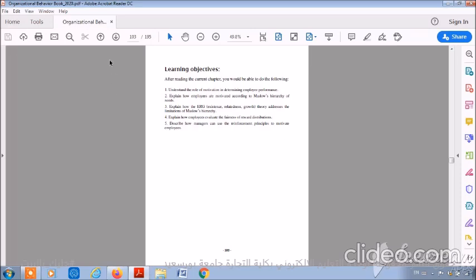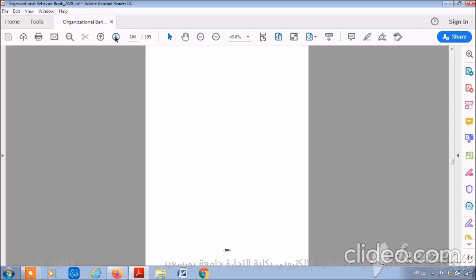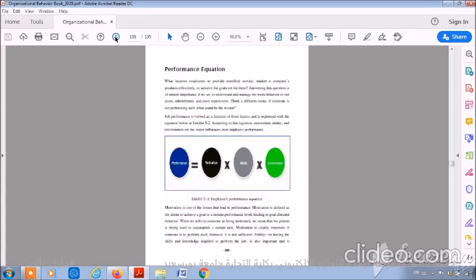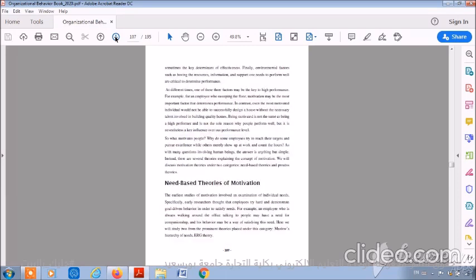And you remember that in the previous lecture we learned about the performance equation, and we started to discuss the theories of motivation, and we finished the need-based theories of motivation. As you know, we discussed two theories.